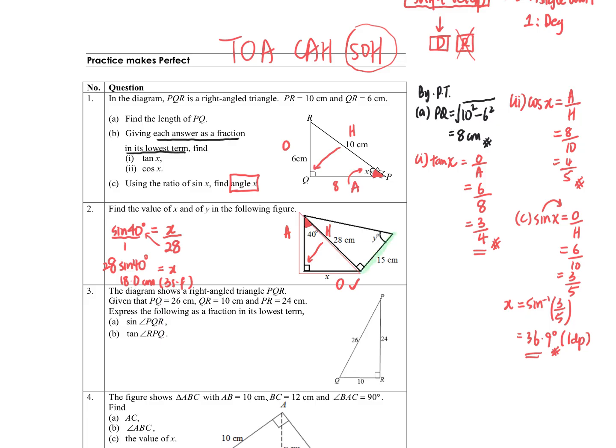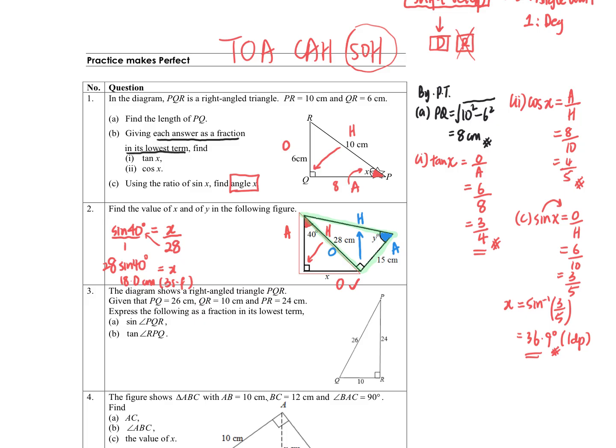Okay, next triangle to focus on, the green one. So remember, no matter what, when you have a right angle triangle, go and identify the H, A, O first. So H is opposite the 90 degree. Since your angle is here, so adjacent side is next to it. And then this part here is your opposite.